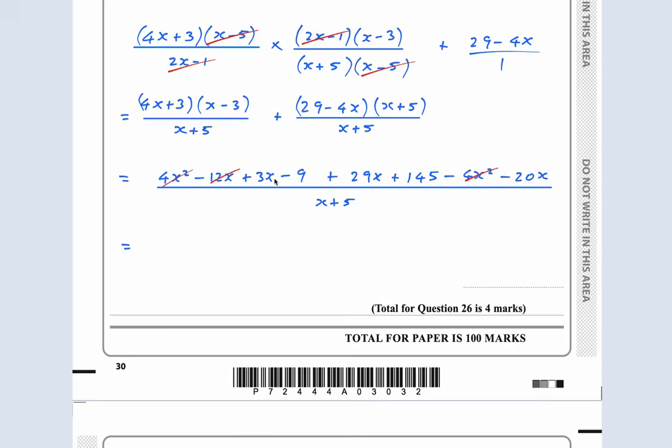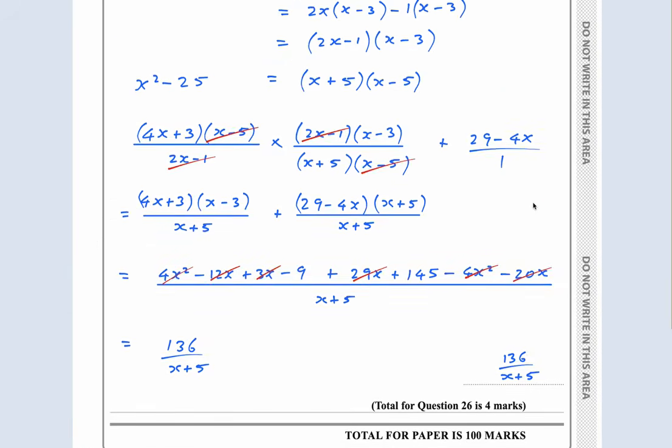So these, minus 12 plus 3 plus 29 minus 20, is 0. So we're just left with minus 9 plus 145, which is actually 136, over x plus 5, and that's it. 136 over x plus 5. Okay, that's it, guys. That is the paper.